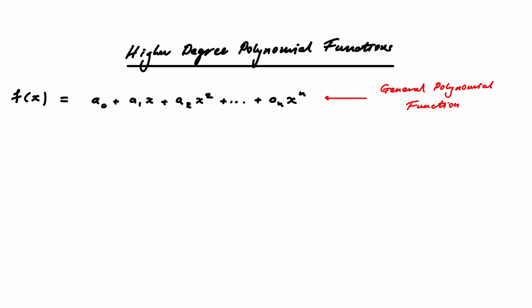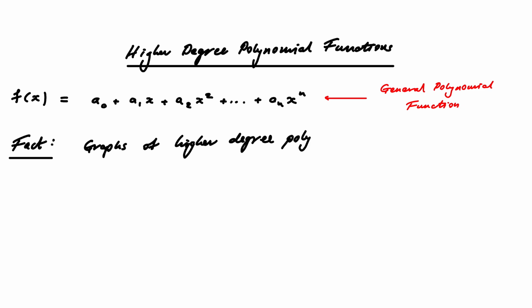Okay, so we want to understand what these functions look like in general. And here's the first thing to be aware of. Let's focus on their graphs really. Graphs of higher degree polynomial functions have more varied behavior than degree 0, 1, and 2.